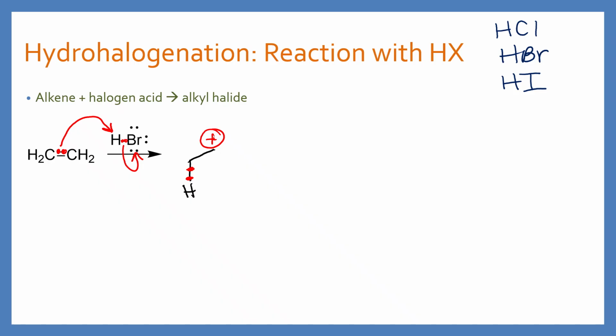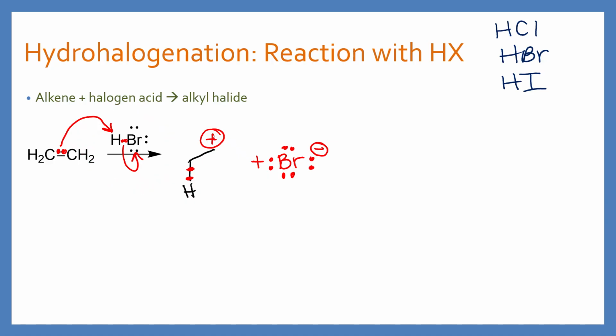And then the other thing that we're going to have is bromide. And this bromine is going to have an extra lone pair now because we just gave it to it, which also makes it negative. So we make our nucleophile in the same step that we react with our acid.